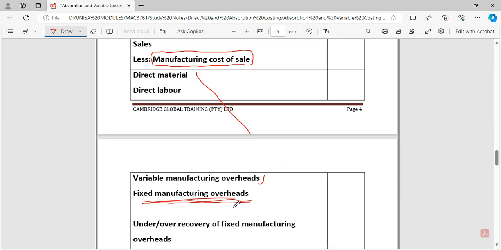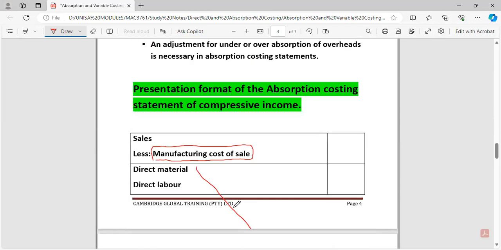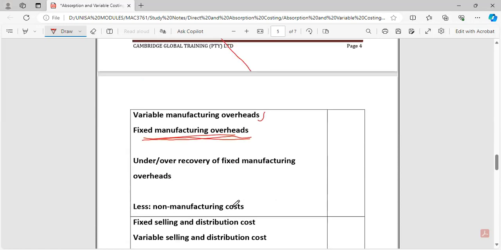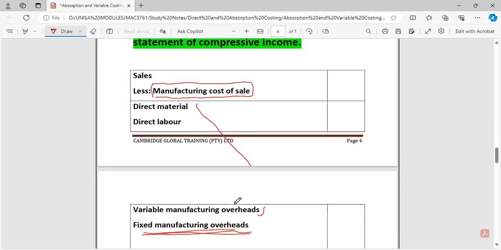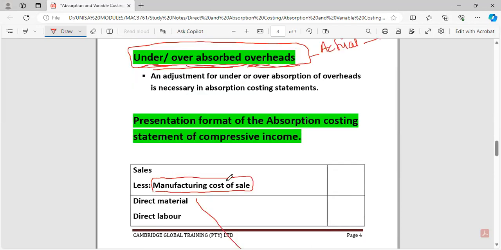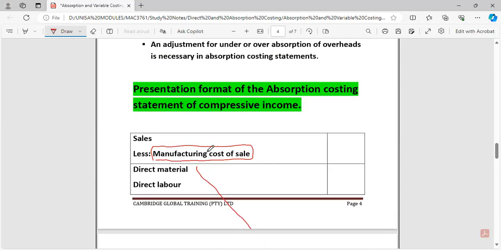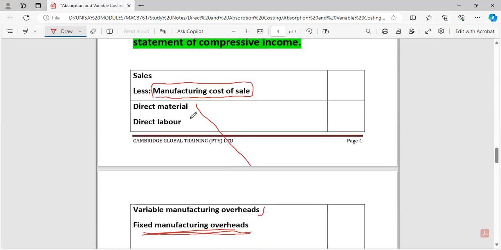So this format, I expect you to know by heart. Even when I look at the question paper, let's say the question wants me to use absorption costing, before even looking at the figures, I'll just write my structure, because once you know the structure, then you know what you are looking at.